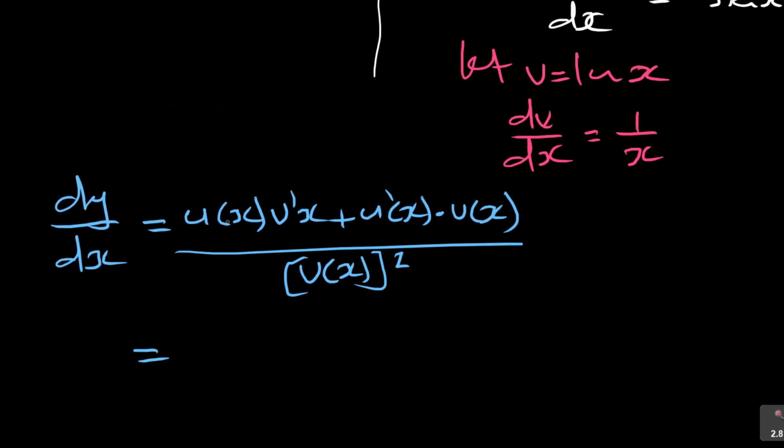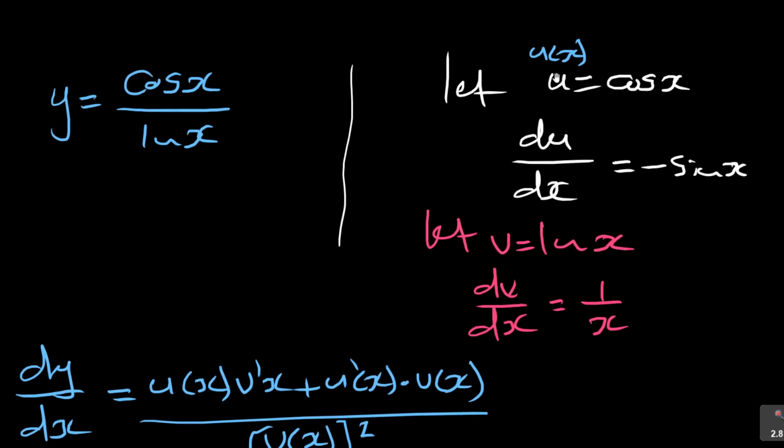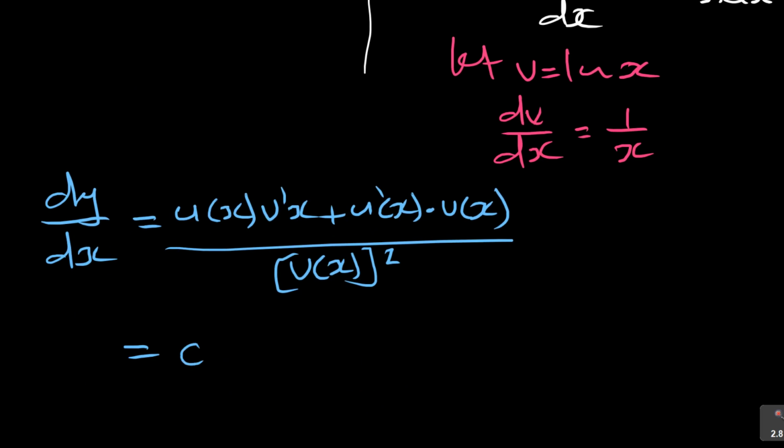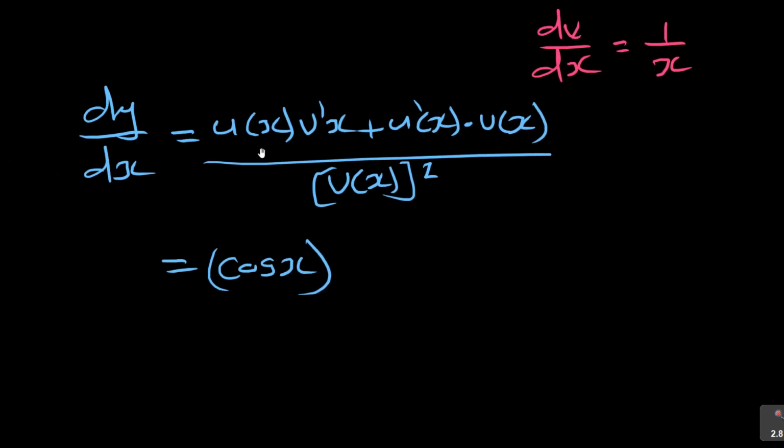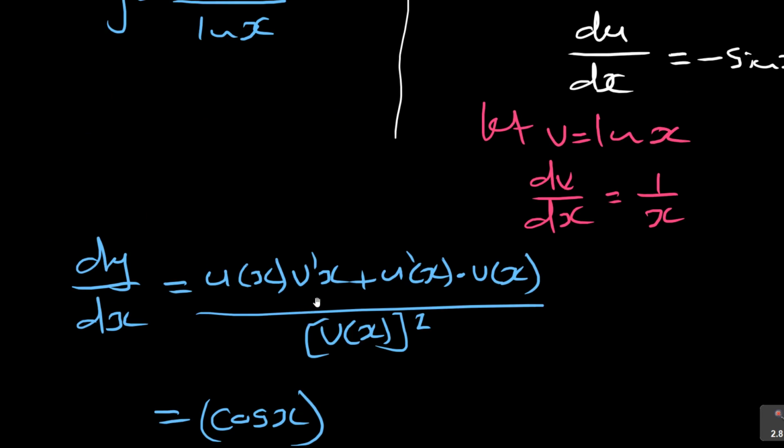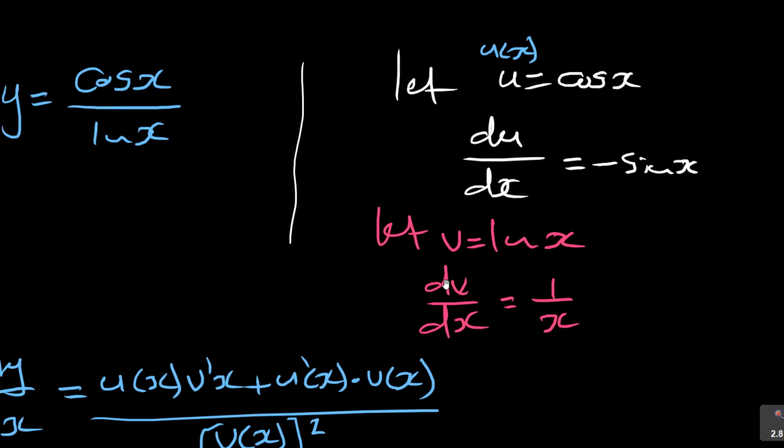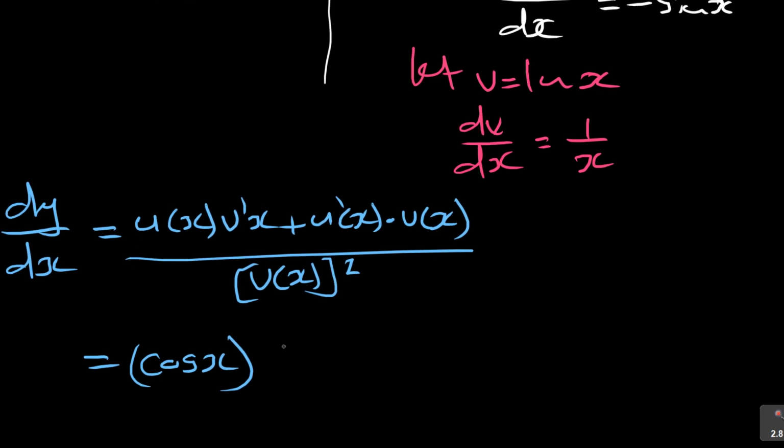So it will be equal to u of x, which is cos x. Cos x in bracket. It's very important that you put this in bracket. Times the derivative of v, which is 1 over x. In a way, this is my v prime x. Times 1 over x.